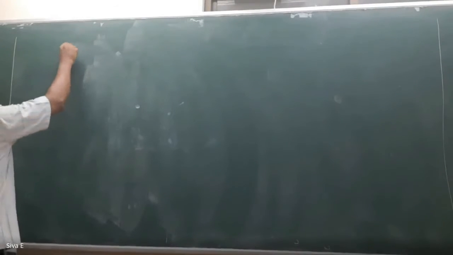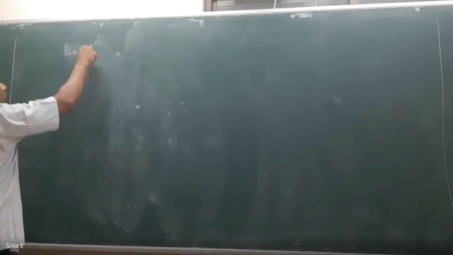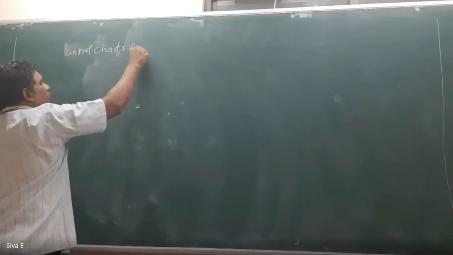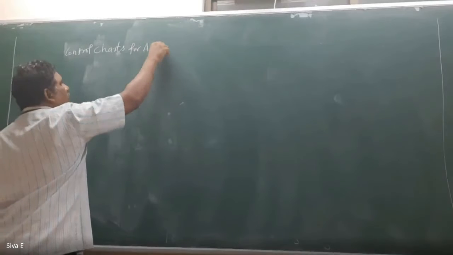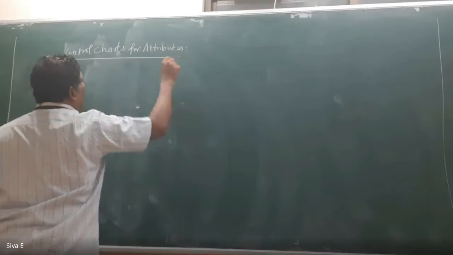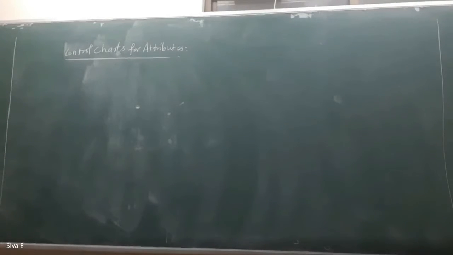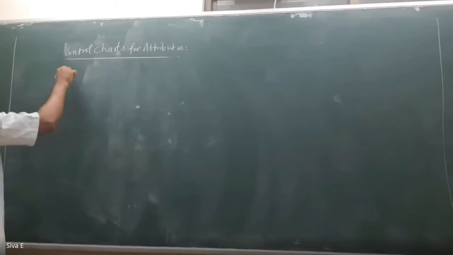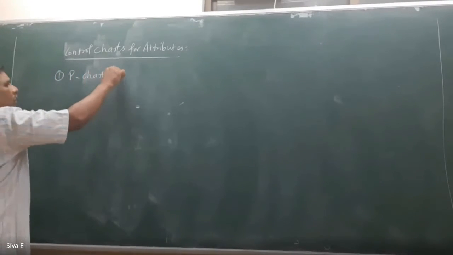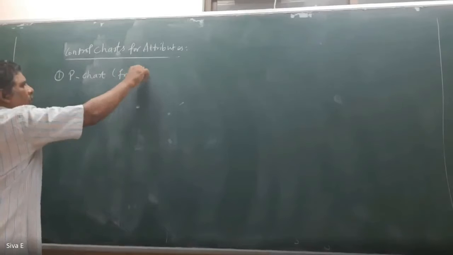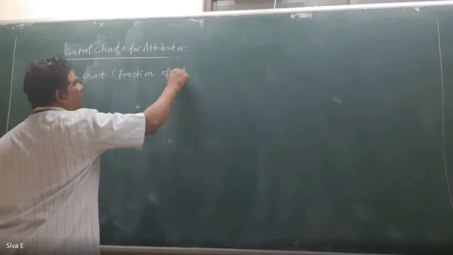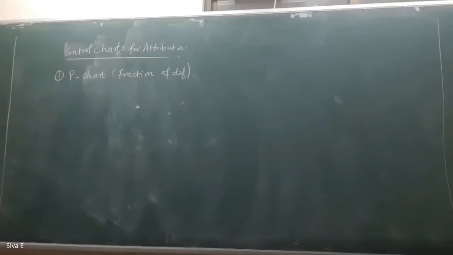Control charts for attributes. One is the P chart, the control chart for fraction of defectives.